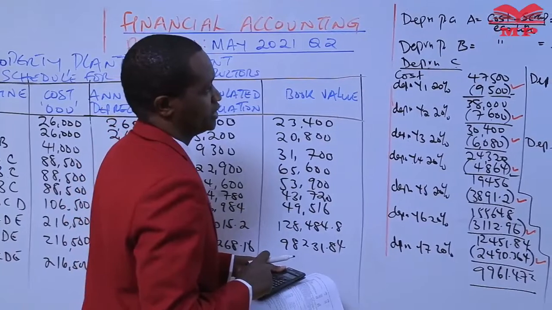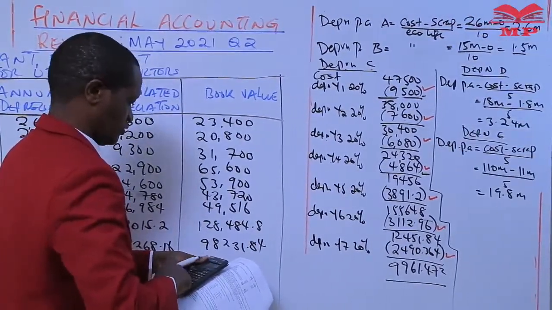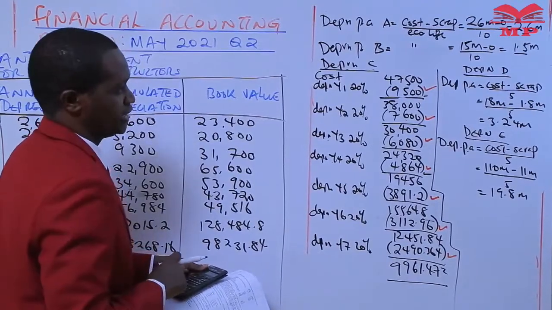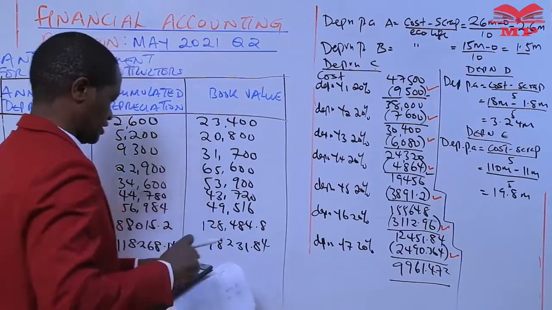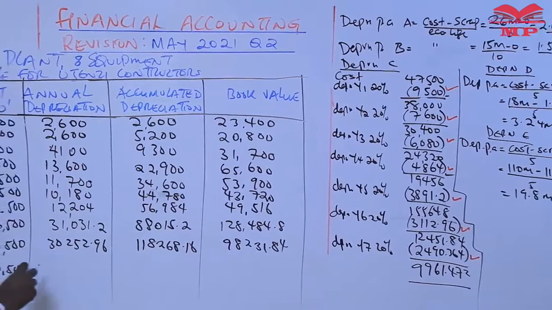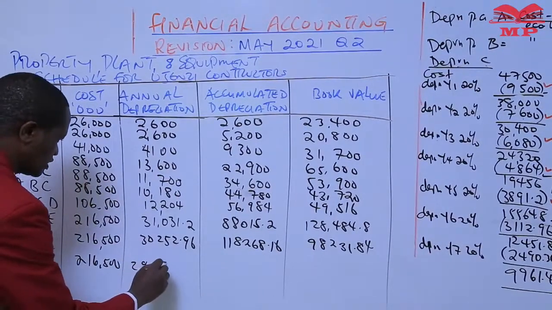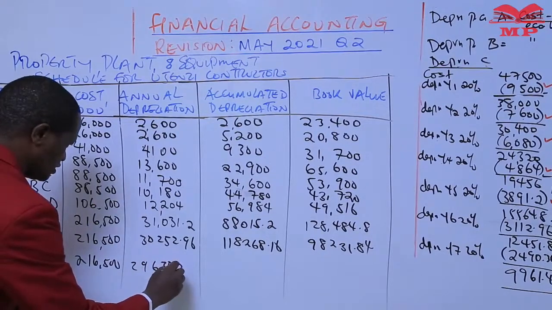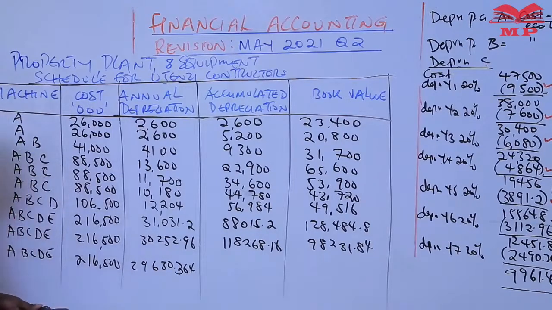Depreciation per annum machine D 3240. Machine E 19,800. Therefore, candidates, the annual depreciation will be 29,630.364. That is the annual depreciation.